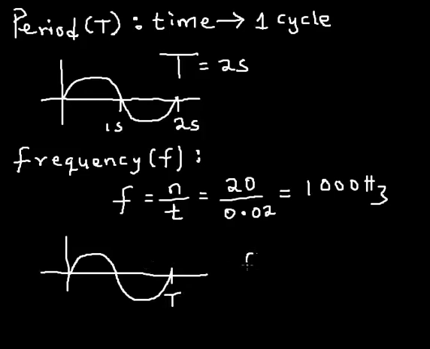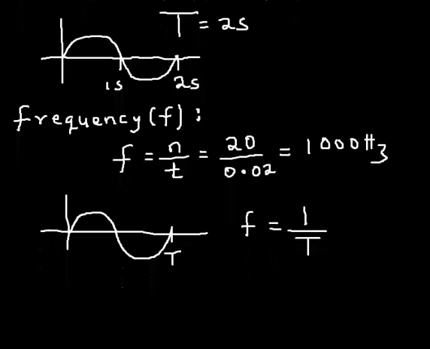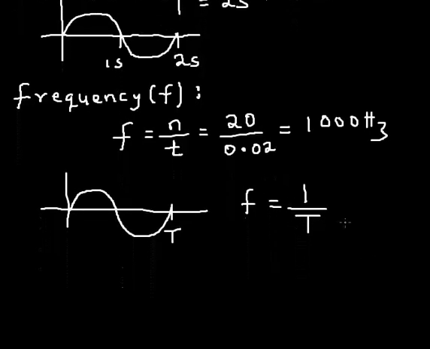So frequency is equal to one oscillation divided by the time of one oscillation, which is the period. So the frequency of a wave is also given as the reciprocal of its period. 1 over capital T is another way of expressing the frequency of a wave.